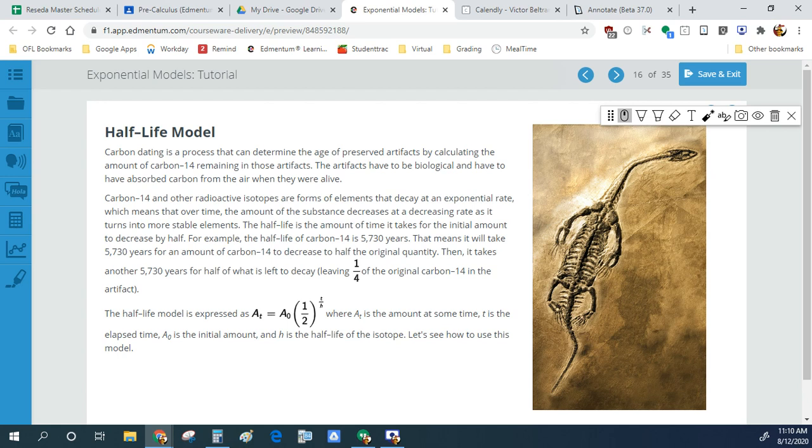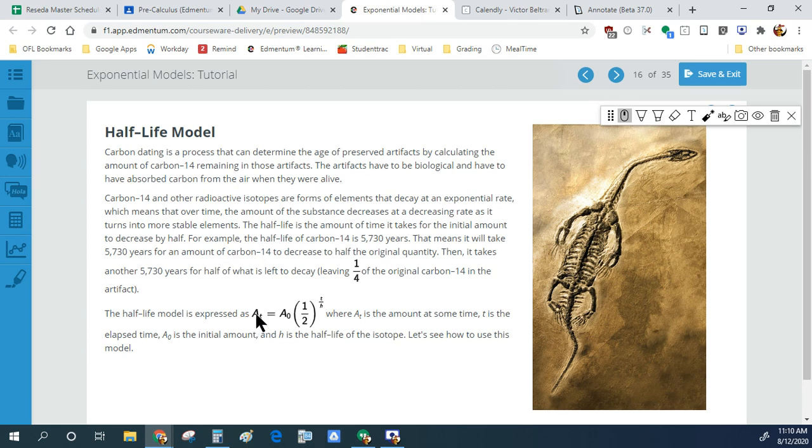Normally, carbon has 12 molecules or 12 electrons. Sorry, it's been a while since I've taken chemistry. But when we're talking about carbon 14, it has 14 electrons, and those slowly wear off over time. So we can use that to figure out how old something is by using this formula.